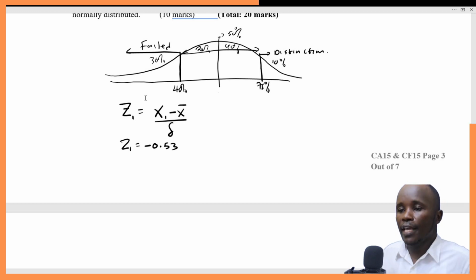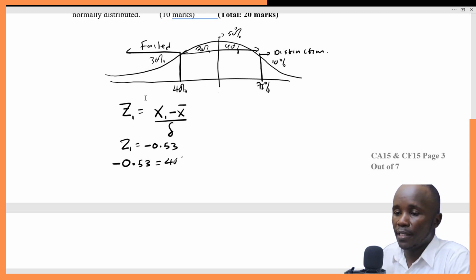It therefore implies that negative 0.53 equals X1, you already know the pass mark is 40%, minus the mean we don't know, divided by the standard deviation. Here you'll find that the standard deviation is equal to 40 minus the mean divided by negative 0.53. I hope I'm clear at that point.